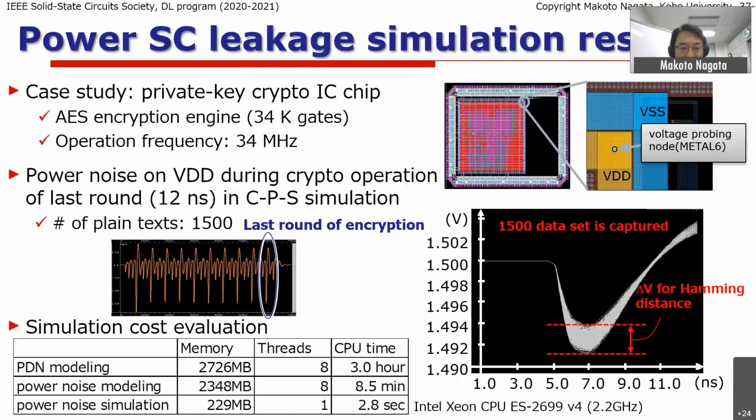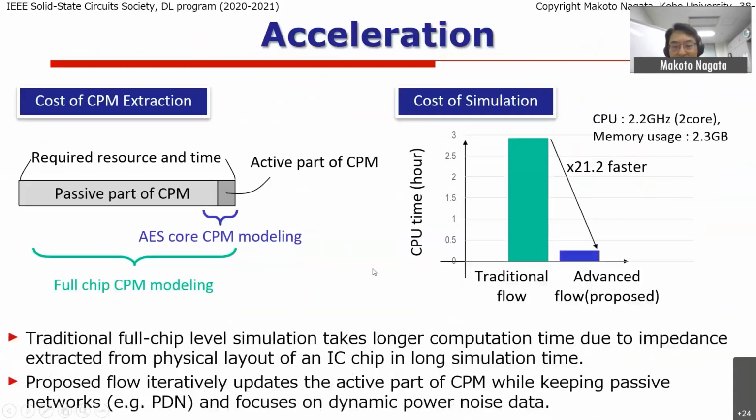Here are some of the simulation costs. It's doable. I would say one day is enough for the simulation. And what's the acceleration? The decoupled approach uses the passive part of the CPS model for the different active parts of the models. Cost can be compared.